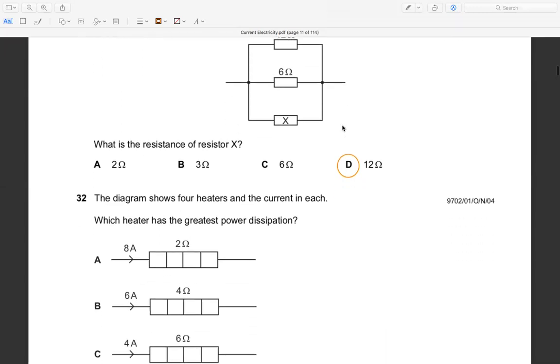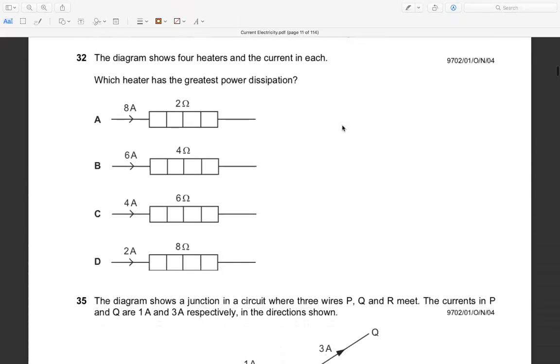Continue number 32. The diagram shows four heaters and the current in each. Which heater has the greater power dissipated?